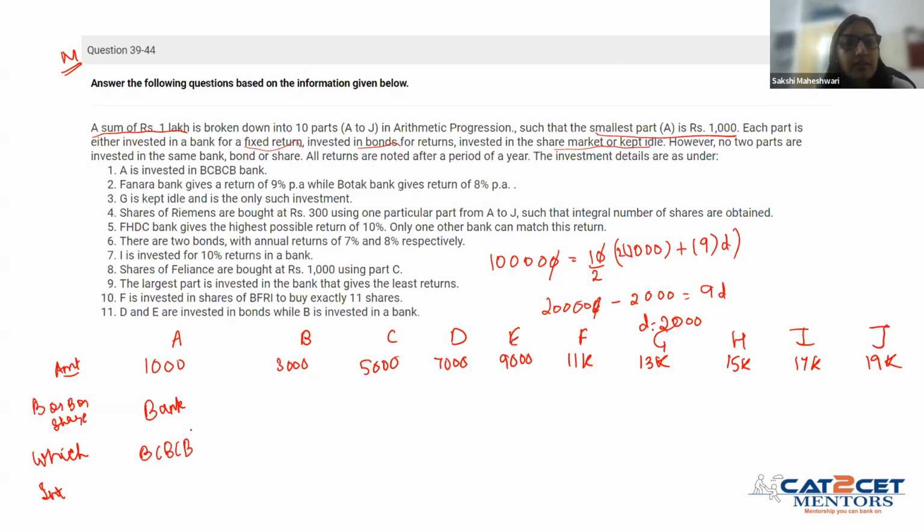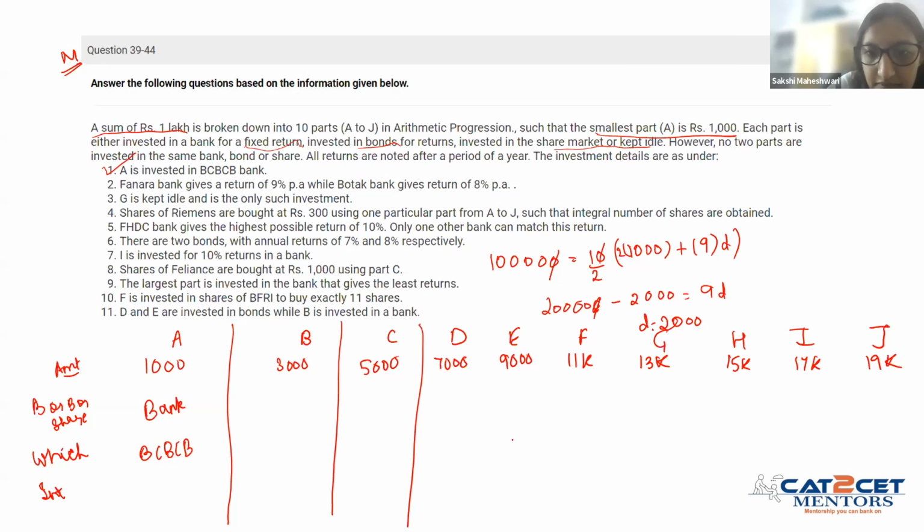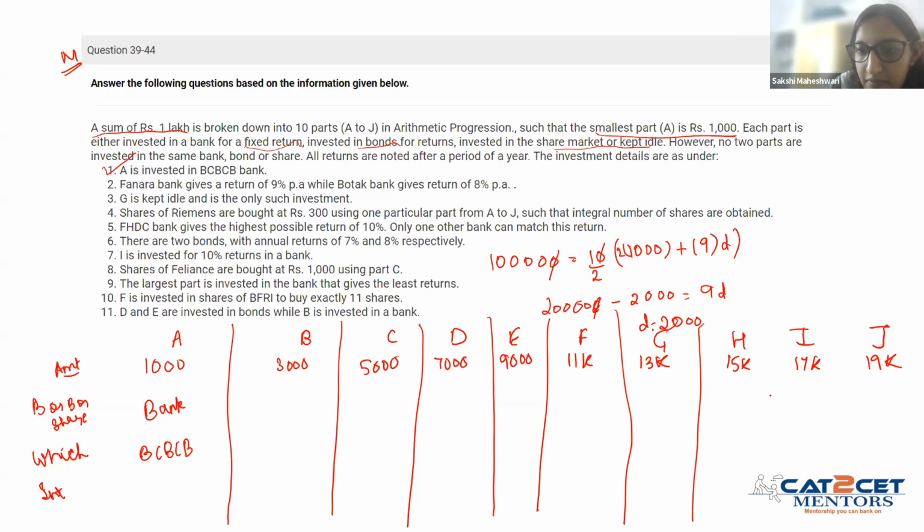Now, Panara Bank gives a return of 9%. I've used this information. I'll use this information afterwards. G is kept idle and is the only one such investment. Now, G is kept idle.